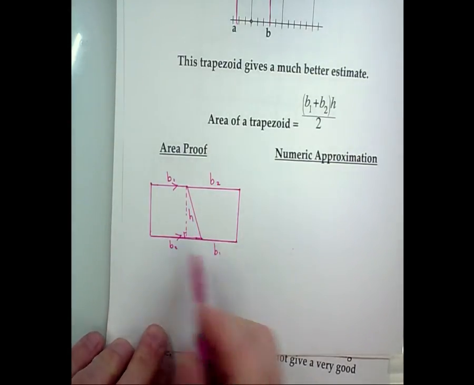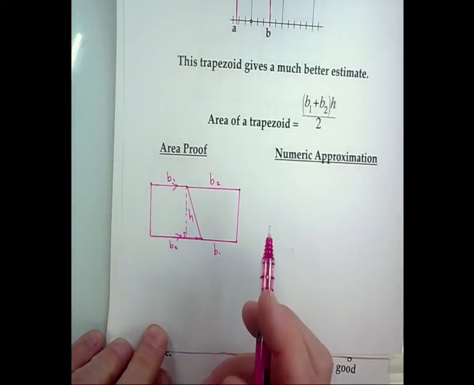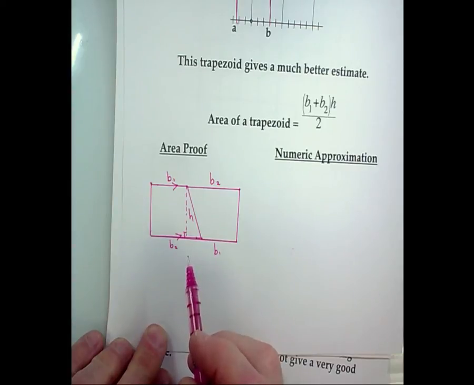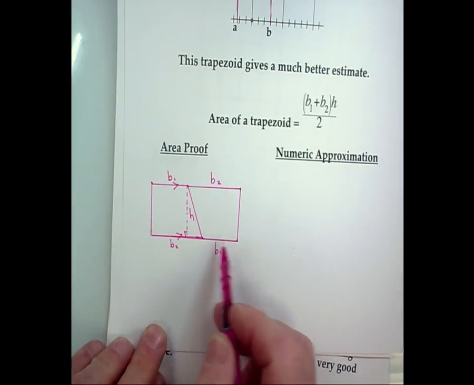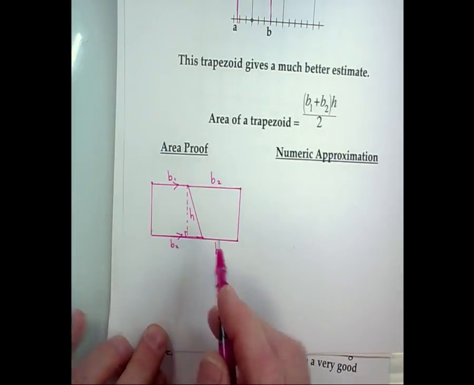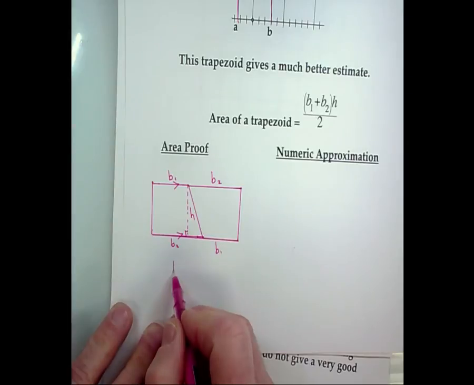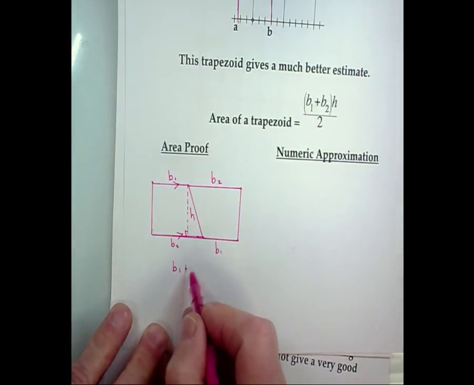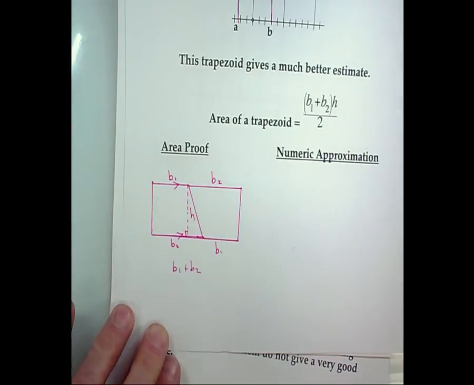So anyway, if it is a parallelogram, how would you figure out the area of this complete shape? How do you figure out the area of a rectangle? Right, so my base here is this distance, correct? Going across here, it'd be the same thing, B1 plus B2. Would you agree?